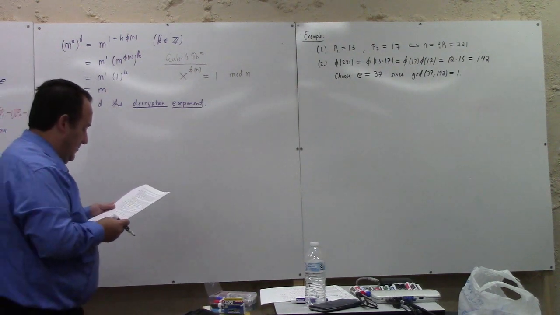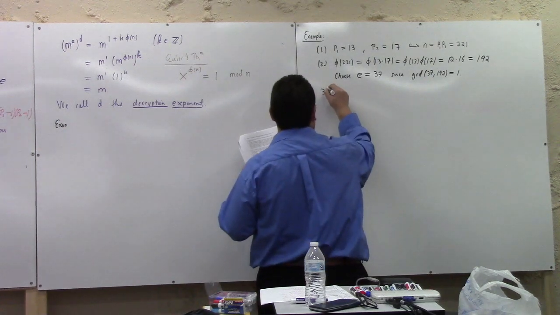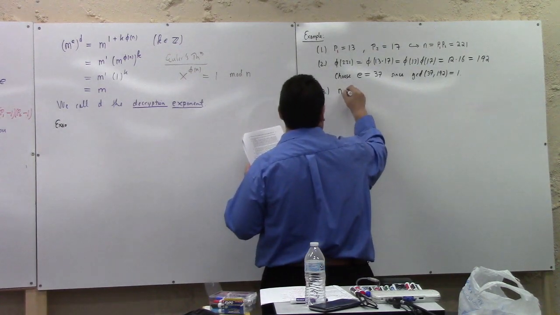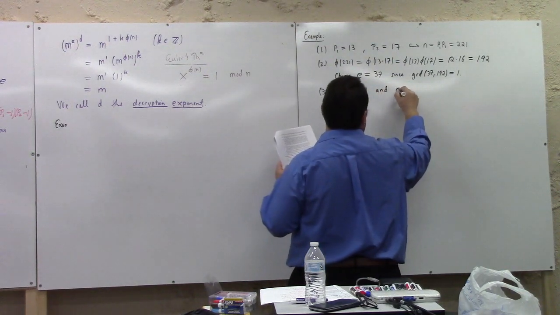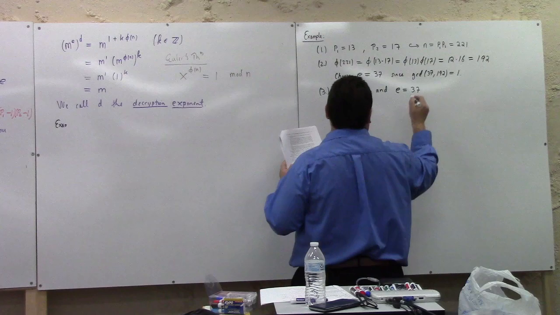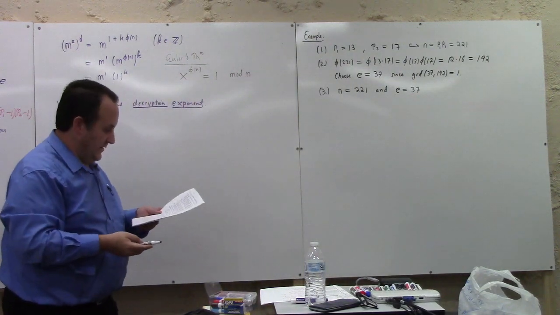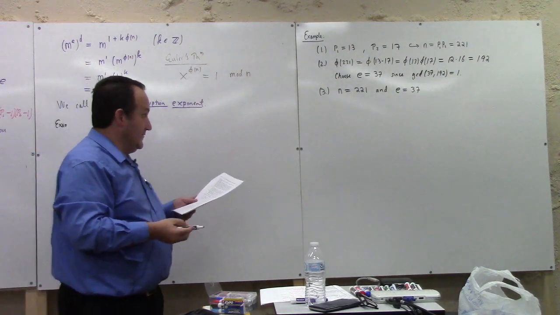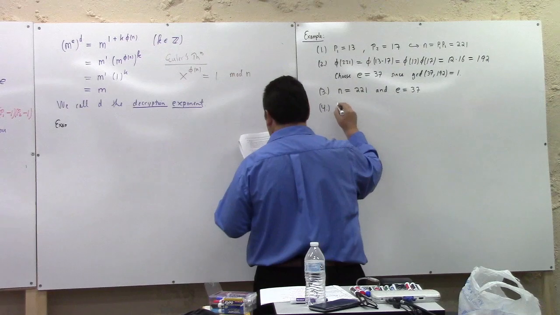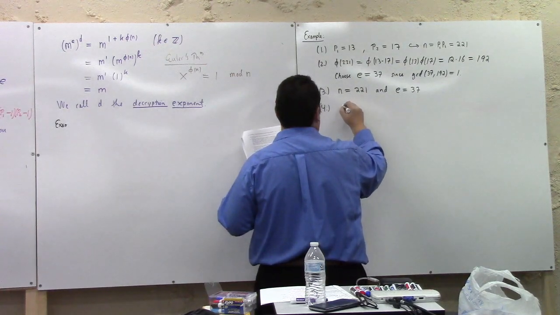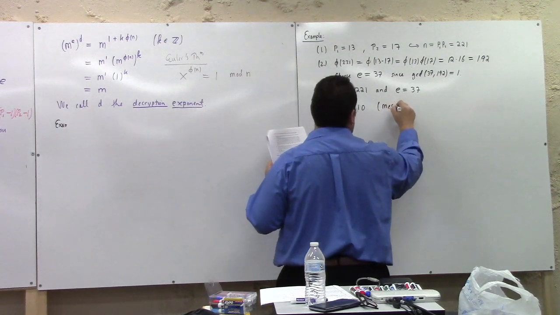All right, so just to emphasize here, my n is 221, and my encryption exponent is 37. That's what I share publicly. Again, as I was saying, my friend decides to send me the message J, m equals 10.